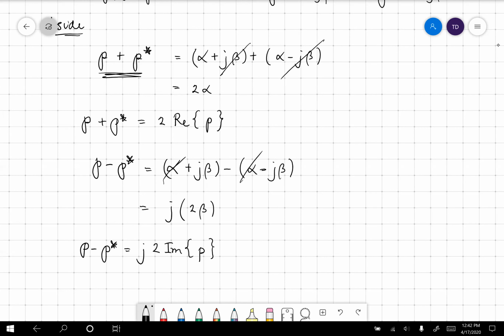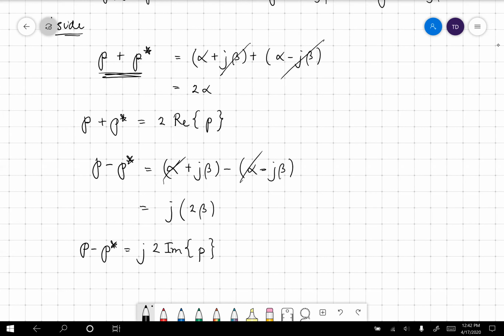So P1 equals alpha plus j beta, and P2, which is P1 conjugate, is equal to alpha minus j beta. That's what we said before. I don't care what the numerator is, as long as it's strictly proper.